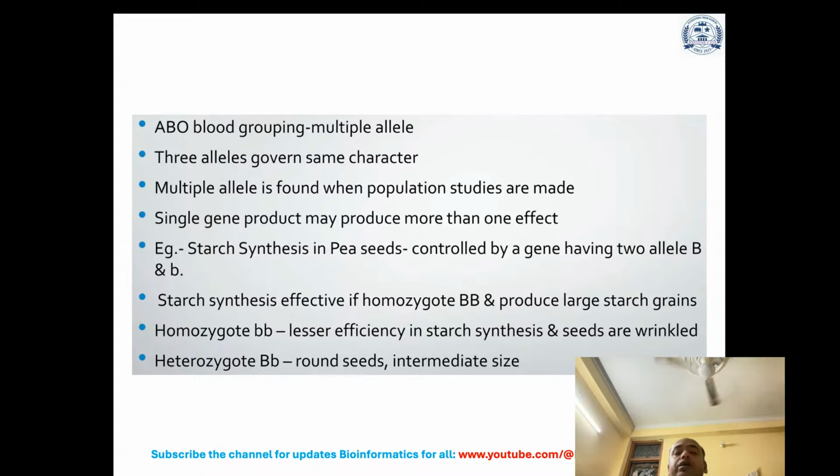A single gene product may produce more than one effect. For example, starch synthesis in pea seeds is controlled by a gene having two alleles, B and small b. Starch synthesis is effective in the homozygote BB, producing large starch grains, while homozygotes with small b have lesser efficiency in starch synthesis and the seeds are wrinkled. Heterozygotes with one capital B and one small b have round seeds of intermediate size.